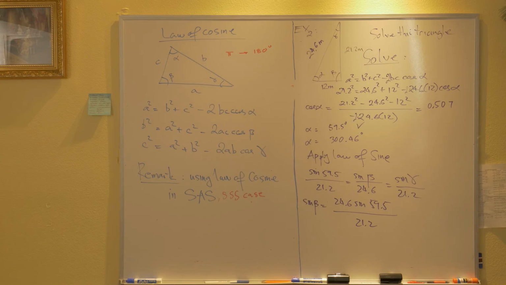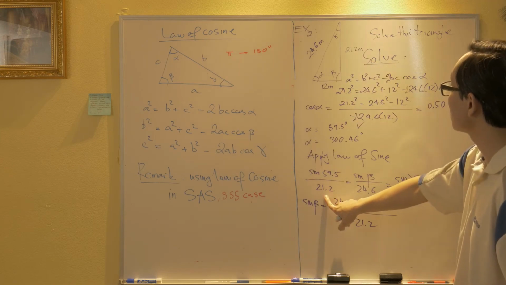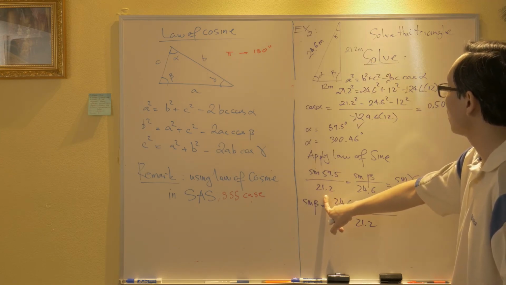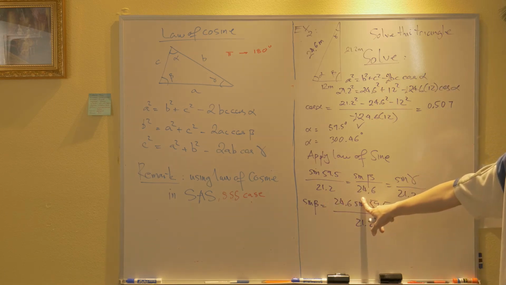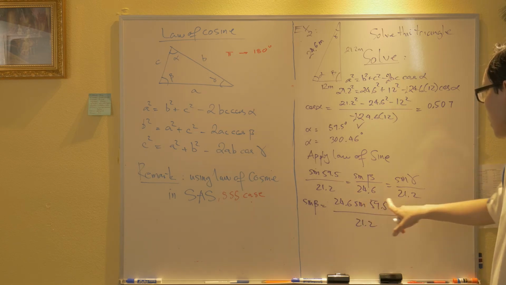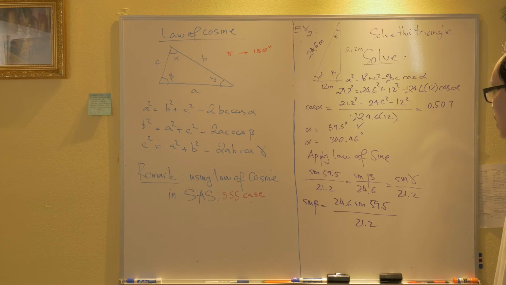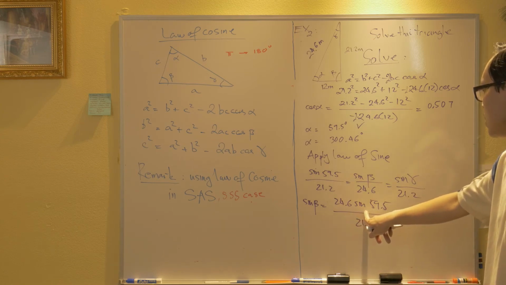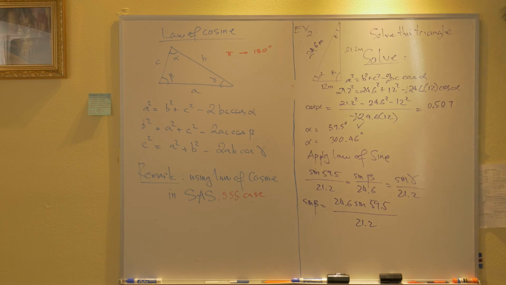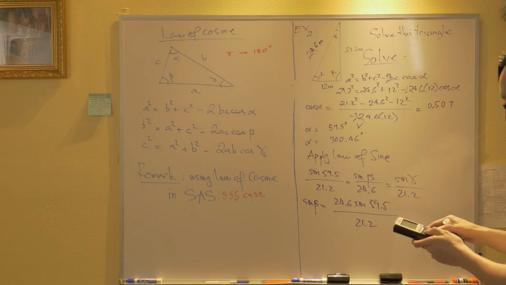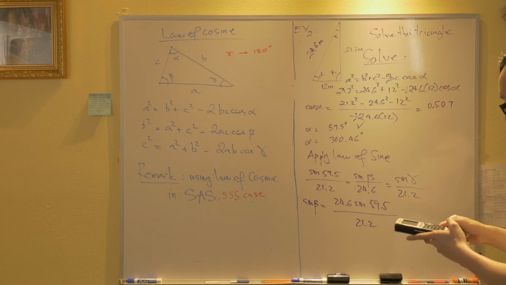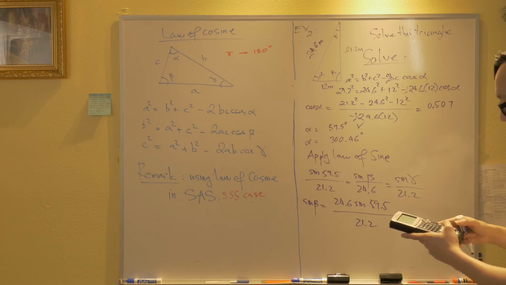So 59.5. Apply law of sine. 59.5 over 21.2, sine beta over 24.6, sine gamma over 12. So sine beta will be 24.6 times sine of 59.5 degree divided by 21.2.